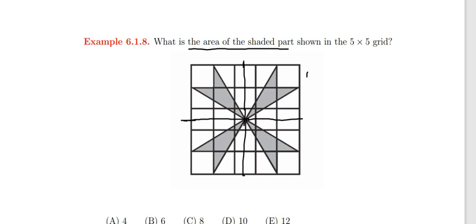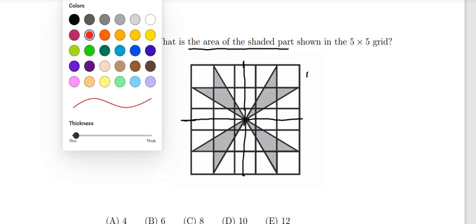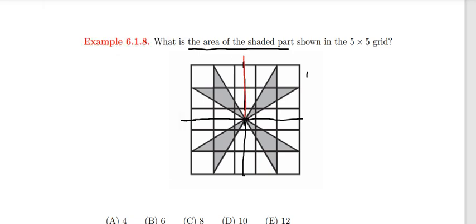We just focus on this part. This area equals this square minus this triangle, minus this triangle, and minus this square.